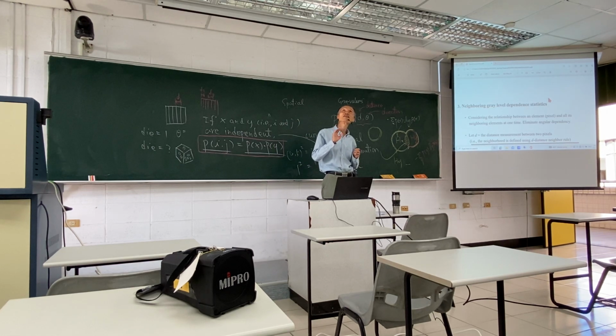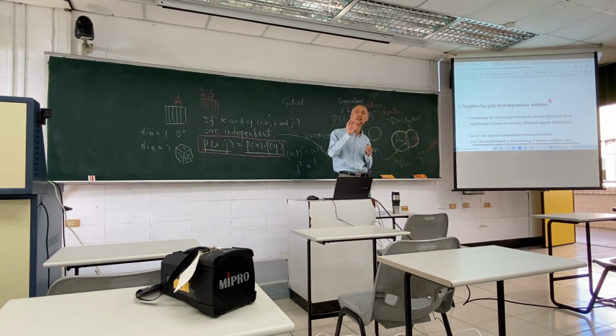Just like the white ceiling, it can be categorized as a statistical texture or random texture because you cannot see any direction for the dark points on the ceiling here, right?